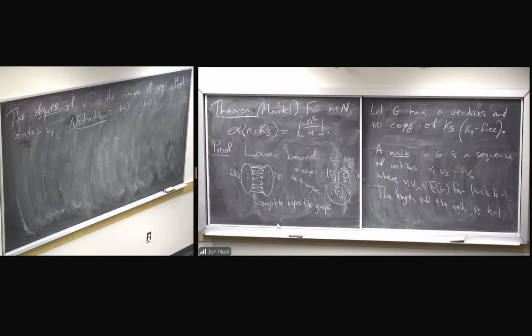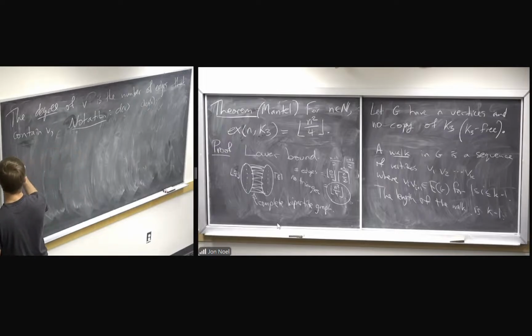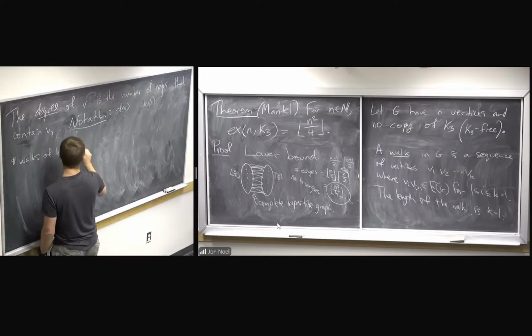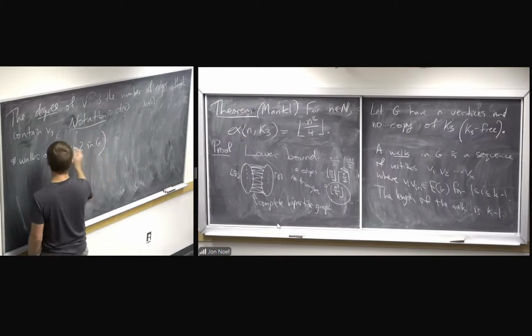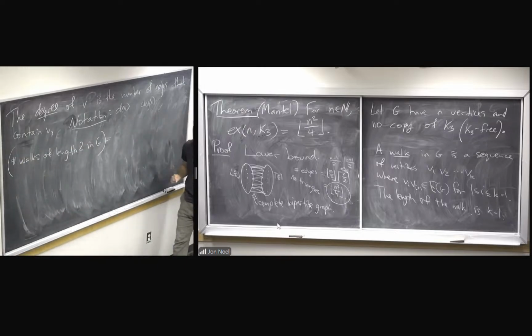So, okay. I want to count walks of length 2, not paths, walks. So the number of walks of length 2 in G. There are multiple ways of counting this.